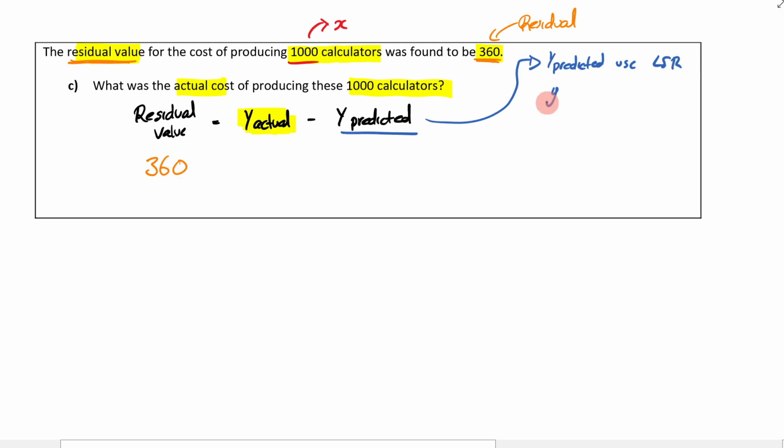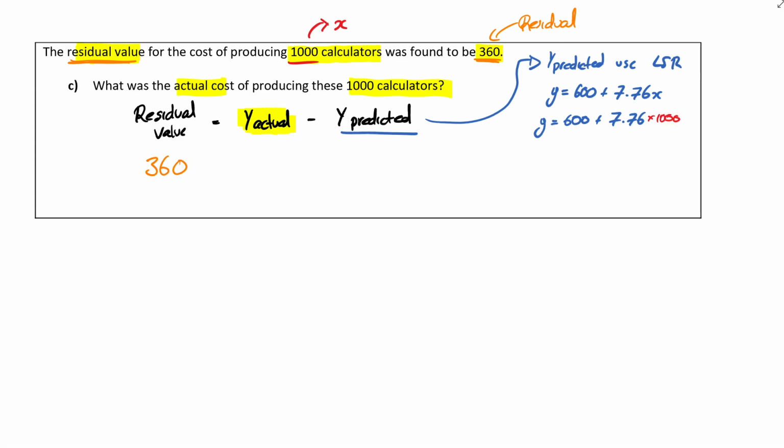So remember, it's Y is equal to 600 plus 7.76X, and into the X spot, we're going to sub in the X value that we've been given, which is 1,000. So we'll times it by 1,000.